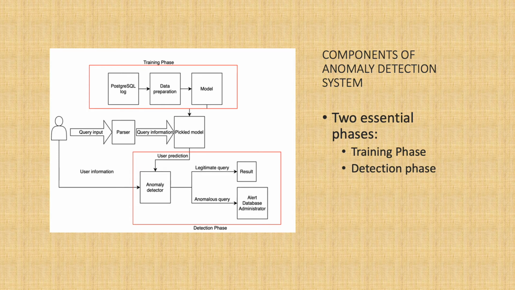That model extracts the information from the parser and predicts the role. At the same time, the anomaly detector collects the actual role of the user and matches it with the predicted role. If there is a match, it will give a positive result. Otherwise, it will send an alarm to the administrator. So this is just a basic outline of the architecture. Akila is going to explain the components in more detail.